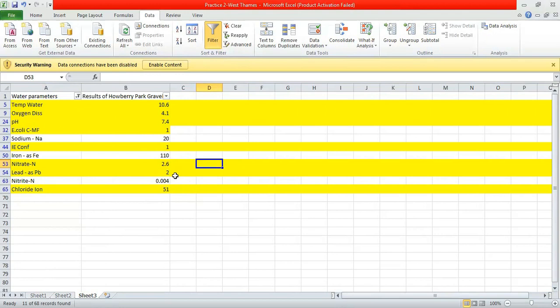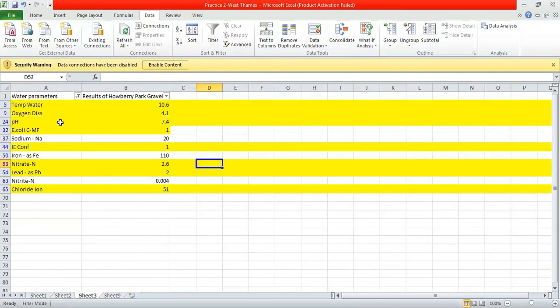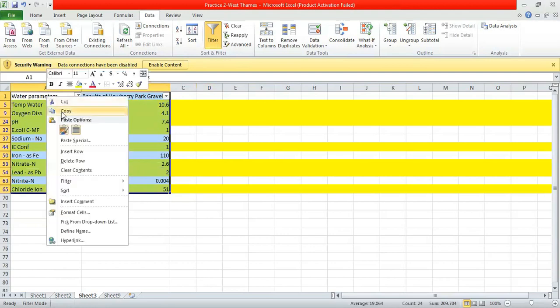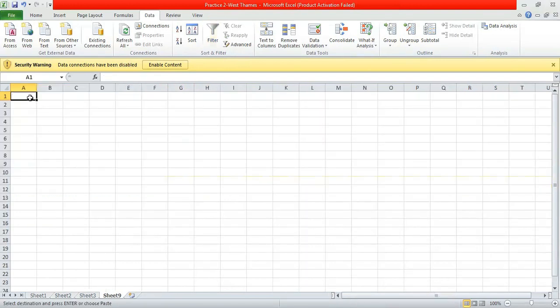So now we want to go to analyze this data. And so we need to copy this and move to another sheet. So we create a new sheet. Then we're going to copy this, copy, and then come here and paste.